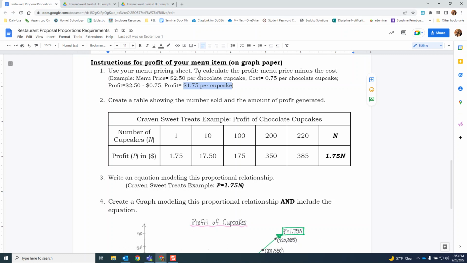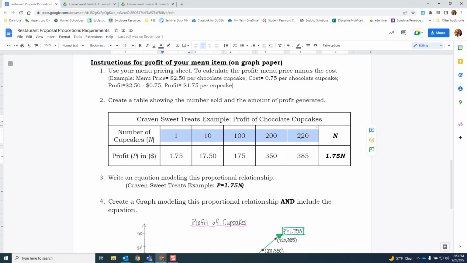Once you have identified your profit per item, now you're going to create your table showing your profit generated. Once again, I'm talking about my number of cupcakes and then the profit P, in terms of dollars. If I sold 1 cupcake, I am making $1.75. If I was selling 10, I would be making $17.50.